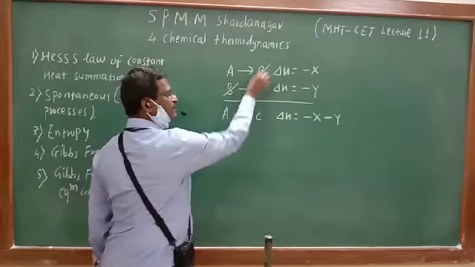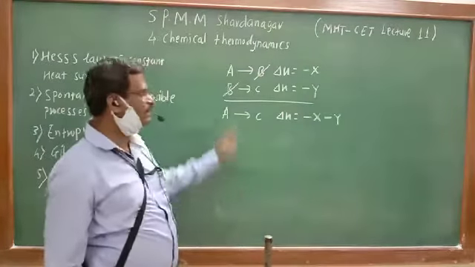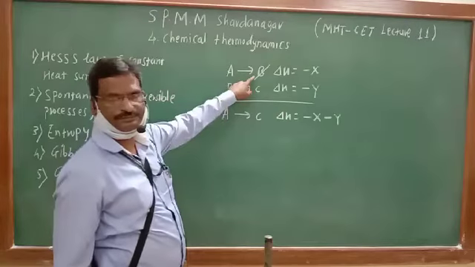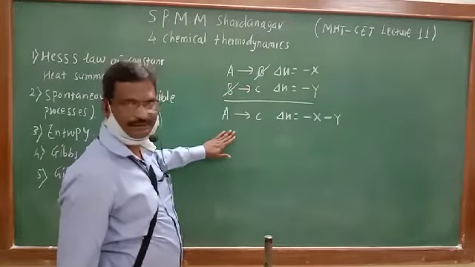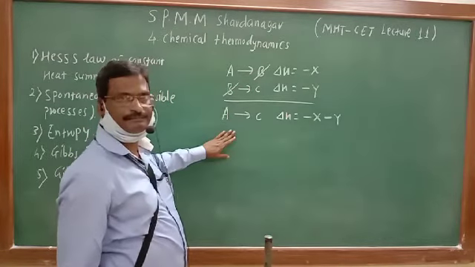Because B is an intermediate, it is cancelled as a reactant and product. So A is converted to C, that is the net reaction.